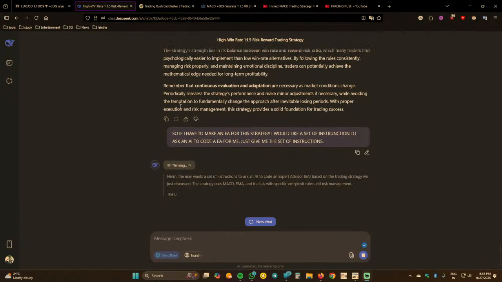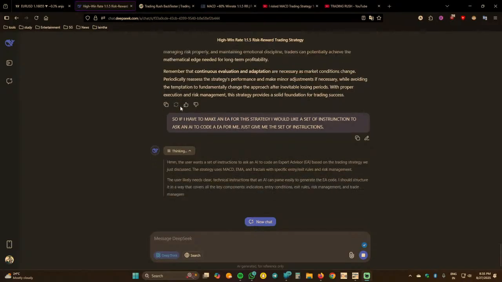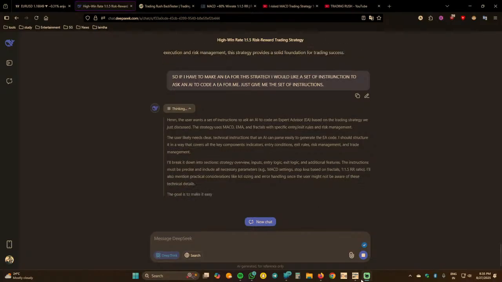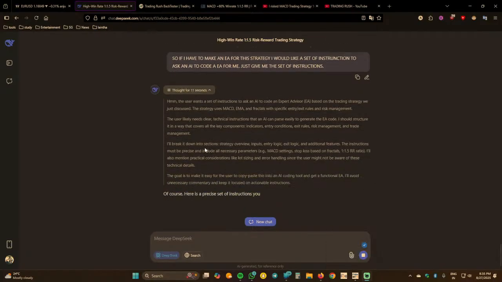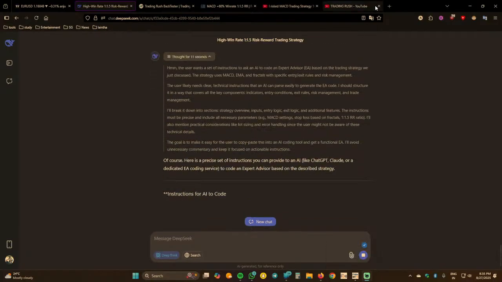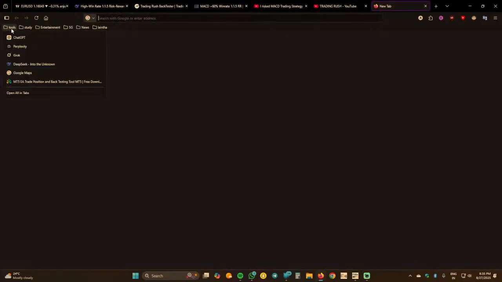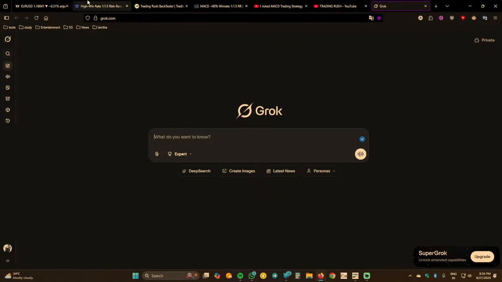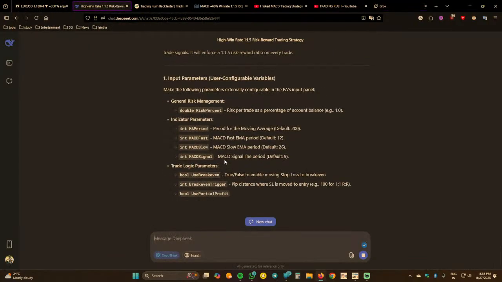Okay, so let us take this set of instructions and ask Grok, and let's ask Grok to make a simple MT5 EA which we can test on MT5. We can backtest. So it's going to be completely random.